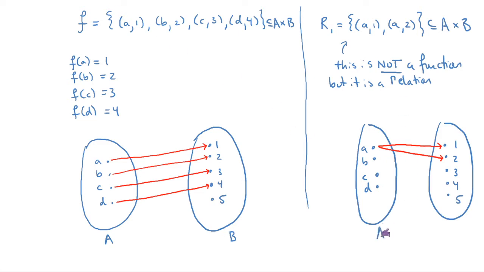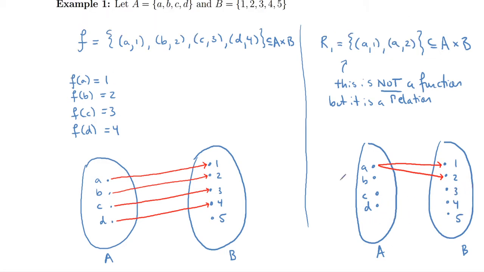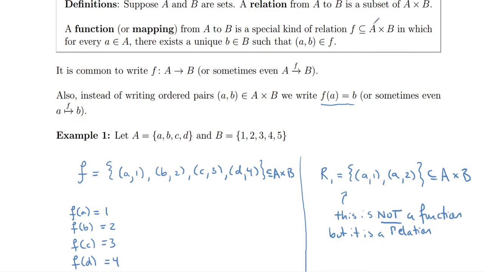Do you see that little b here is not associated with an element of the set big B? C didn't go anywhere and D didn't go anywhere. That's another problem, because if you look at this definition, it's a special kind of relation.